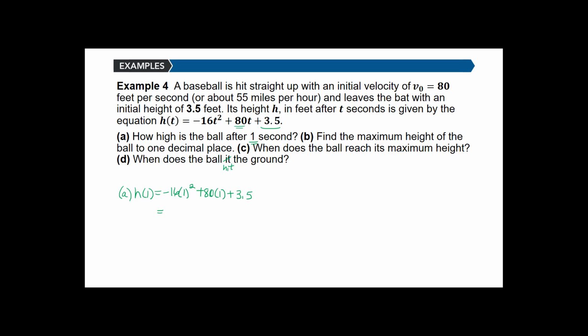And this gives us negative 16 times 1, or negative 16, plus 80 plus 3.5. And we get 67.5. So in 1 second, the ball is 67.5 feet above the ground.